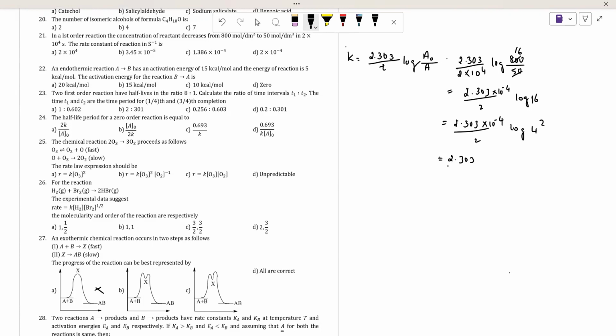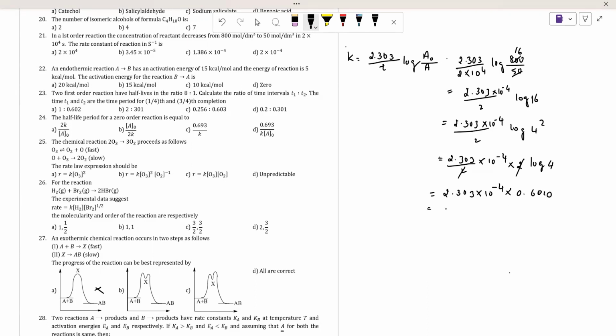So it is equal to 2.303 divided by 2 into 10 power minus 4, and it will become 2 log 4. Now cancel out 2 as well as 2. The final value comes out to be 2.303 into 10 power minus 4 into log 4, which is 0.6020.